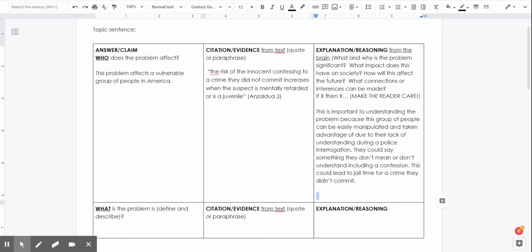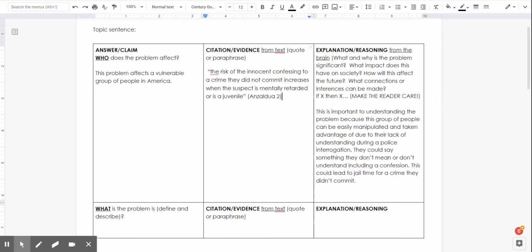This could lead to jail time for a crime they didn't commit. So essentially, I have built my ACE or my CER by writing the sentence claiming or answering who is affected, and finding a piece of evidence from the text that supports my claim, and then explaining why my reader should care that people of diminished mental capacity or children are particularly affected by false confessions.